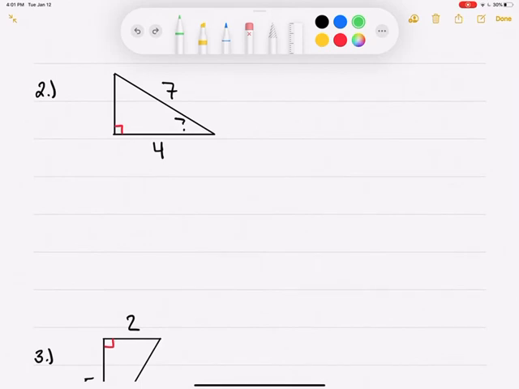Let's take another look. In our second example, I have a missing angle and I have two sides. One of them's the hypotenuse. The other one's right next to the angle, I didn't have to go across. So this is the adjacent. Looking at SOH-CAH-TOA, I know that I have an A and an H. The only one with both an A and an H is in the middle, and that's CAH or cosine.